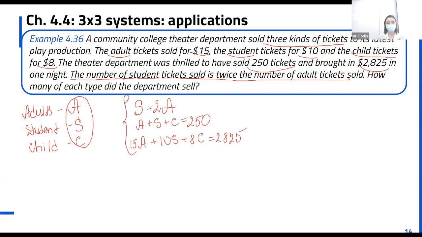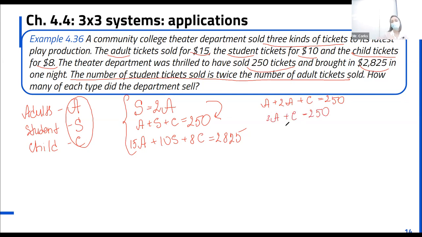For this task, actually we have the easiest third equation that we can quickly substitute somewhere to get the 2 by 2 equation system. So let's substitute here what we have. A plus 2A plus C equals 250. So 3A plus C equals 250.